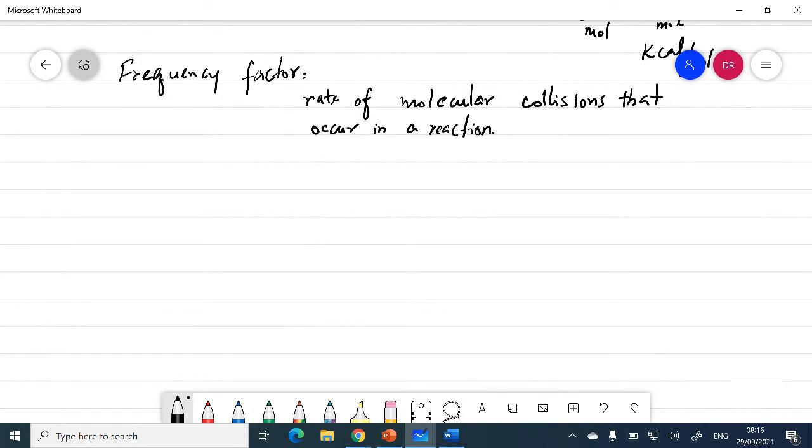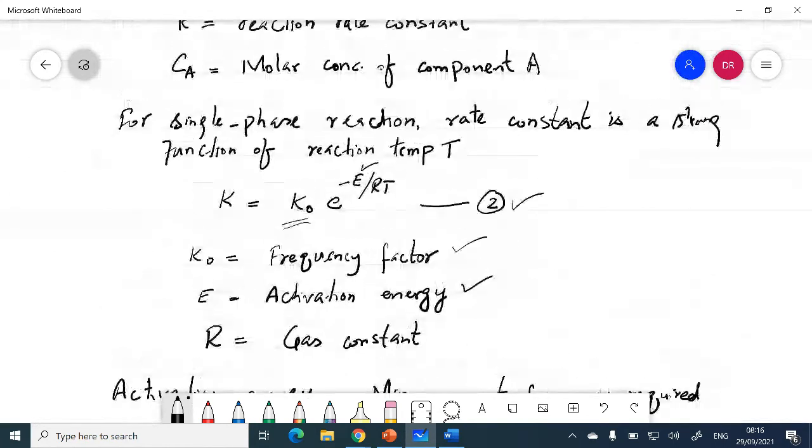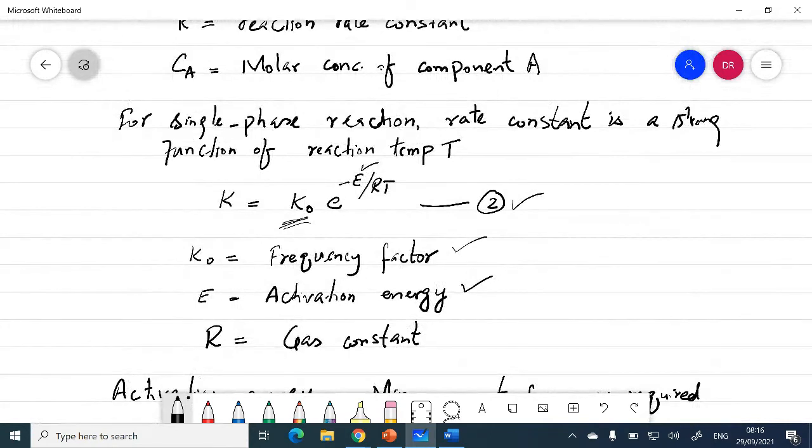But if you look at the parameters, we have two: K naught, the frequency factor, and E, the activation energy.